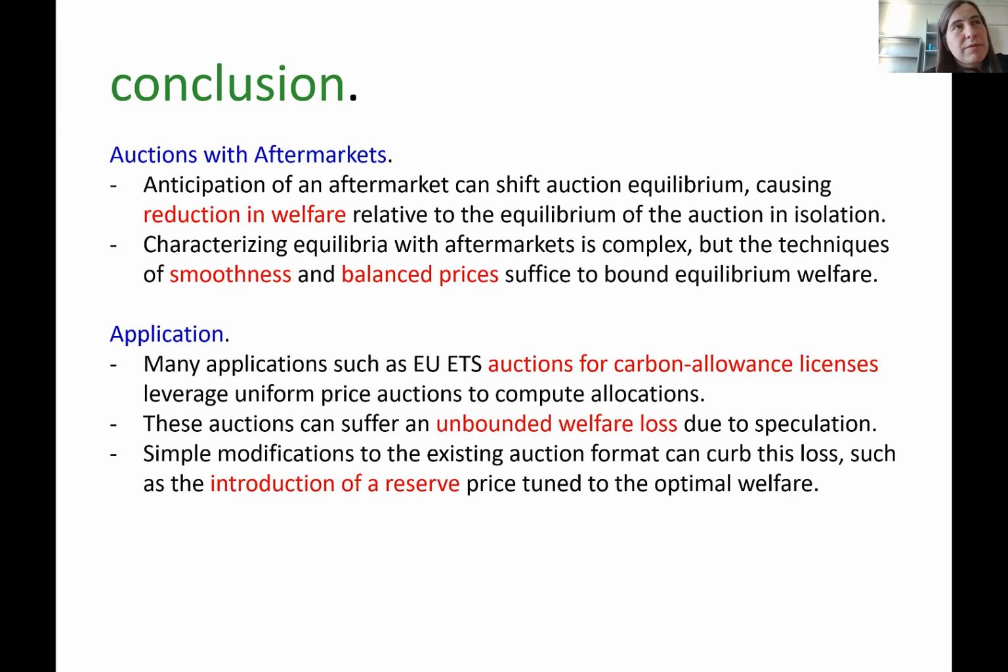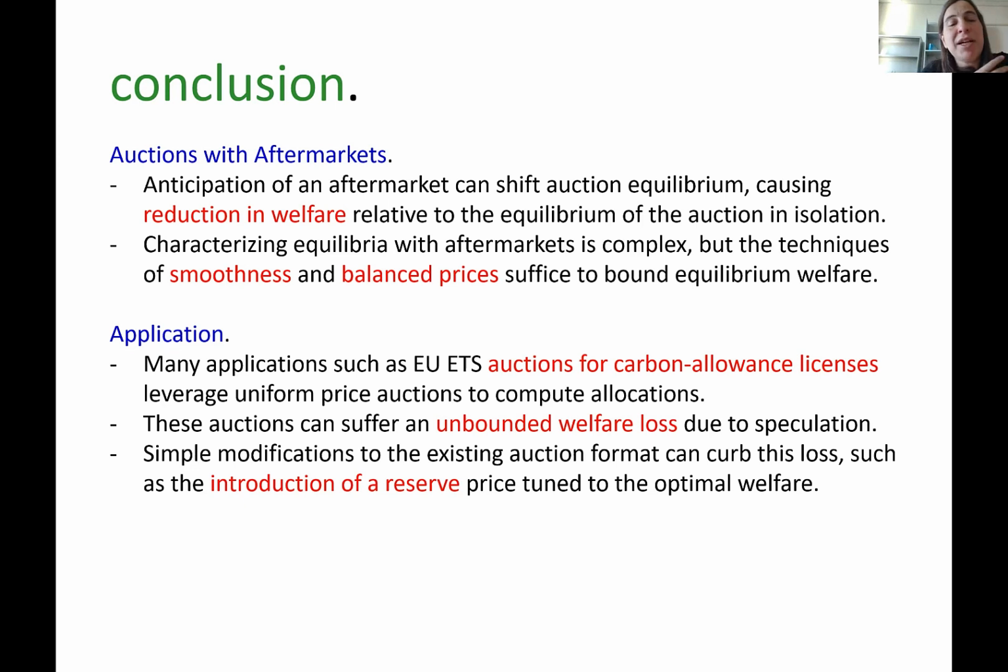We found it difficult to select among auction formats because characterizing the equilibrium with aftermarkets is very complex, but we were able to nonetheless provide guarantees by, instead of characterizing the equilibrium, using computer science techniques of smoothness and balanced prices to just bound the equilibrium welfare without characterizing what the equilibrium looks like.